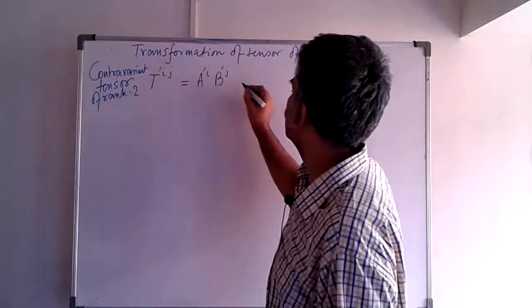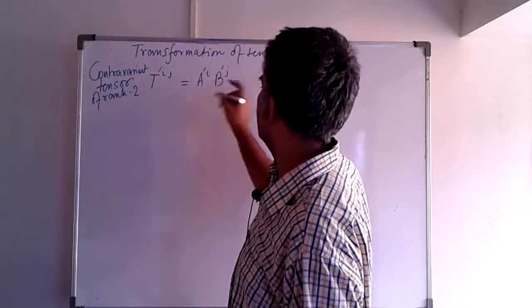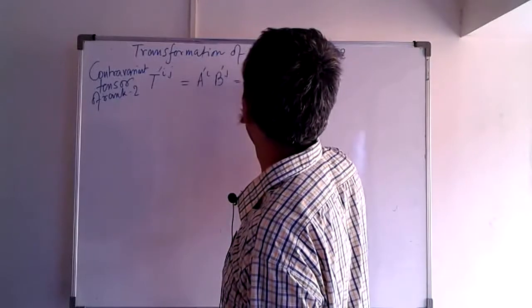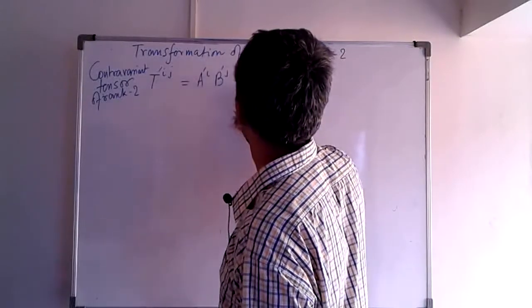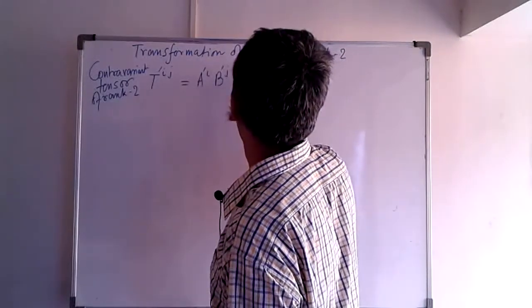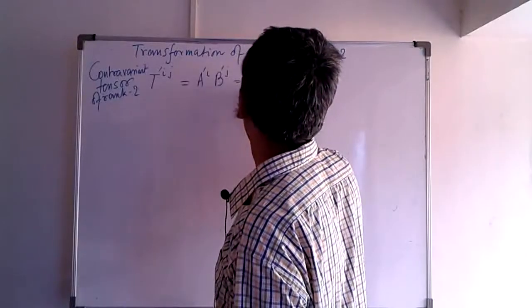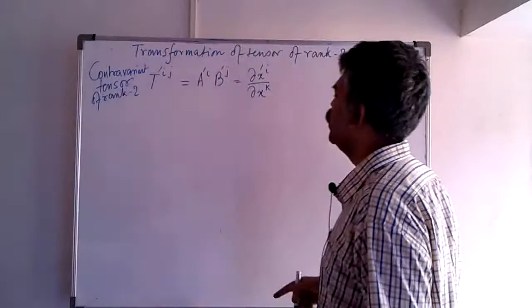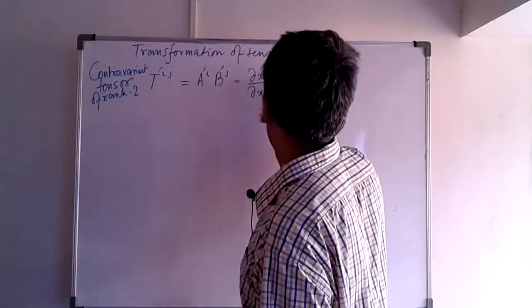Now how does this transform? This transforms as A prime i = del x prime i / del x k, A k. You can't use j, j is a free index.